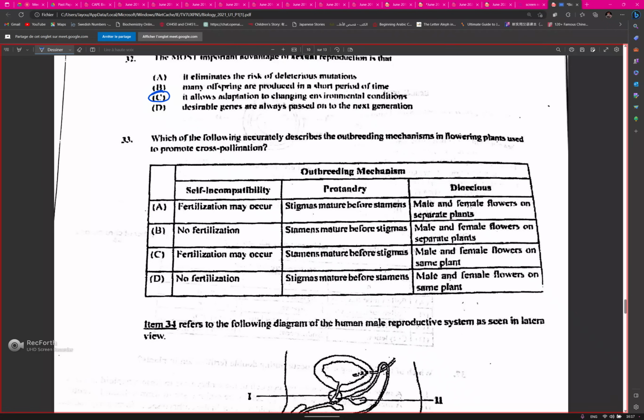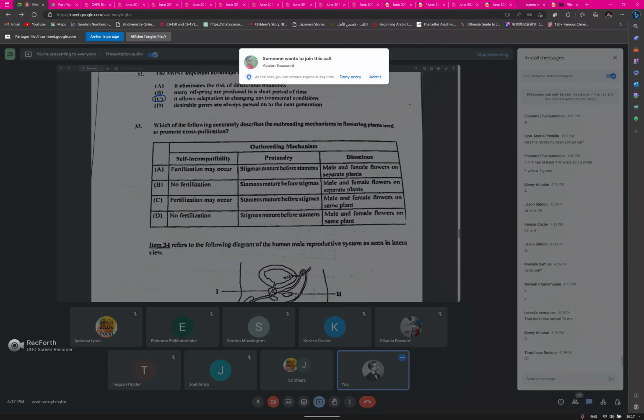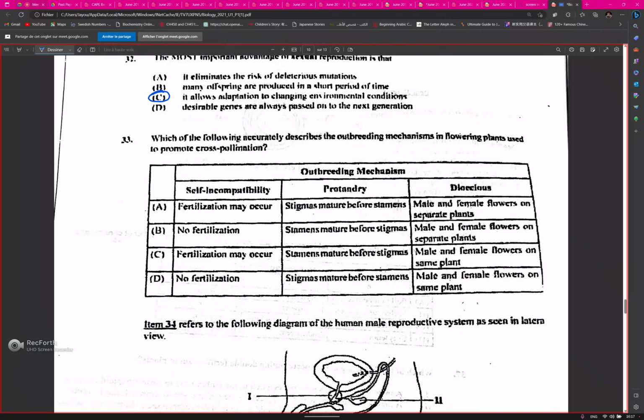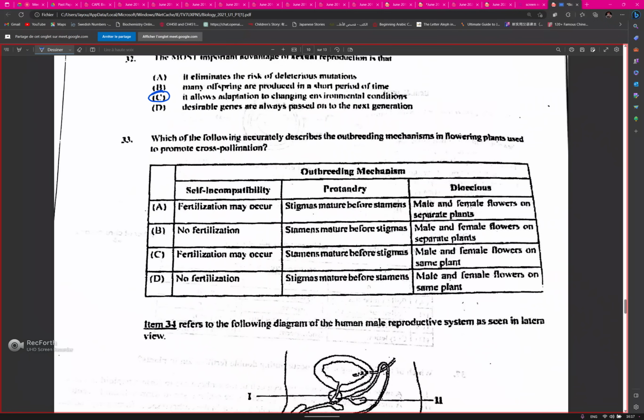So it's not necessarily the most important advantage of asexual reproduction. It'd probably be the most desired genes being passed over to the next generation every time due to lack of variation. So there's no desirable trait lost through asexual reproduction. Okay, all right. Thank you, sir.